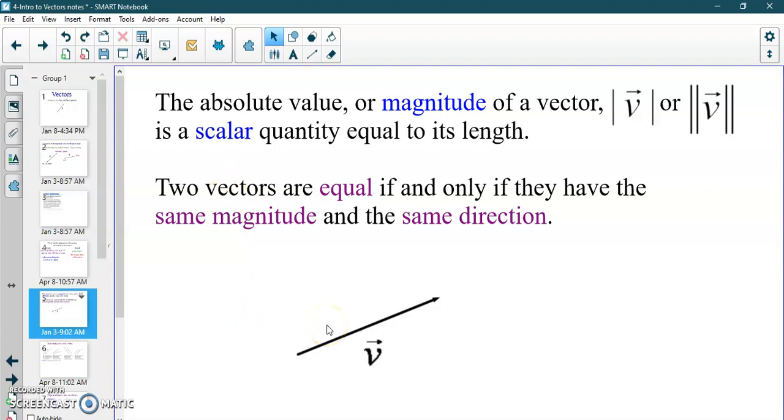Well, we call 2 vectors equal if and only if they have the same magnitude and the same direction. So we've got this vector v here.